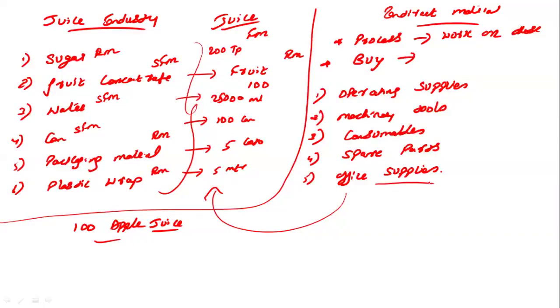You need to keep a generator. For the generator, you need to use diesel. We don't know whether the electricity might go or not, but you should have a backup of diesel. If electricity goes, we don't know for how long. You cannot plan how much diesel will be required. So in this way, we cannot plan. This is a major difference in planning between direct material and indirect material. Direct material is structured planning and indirect material is unstructured planning.